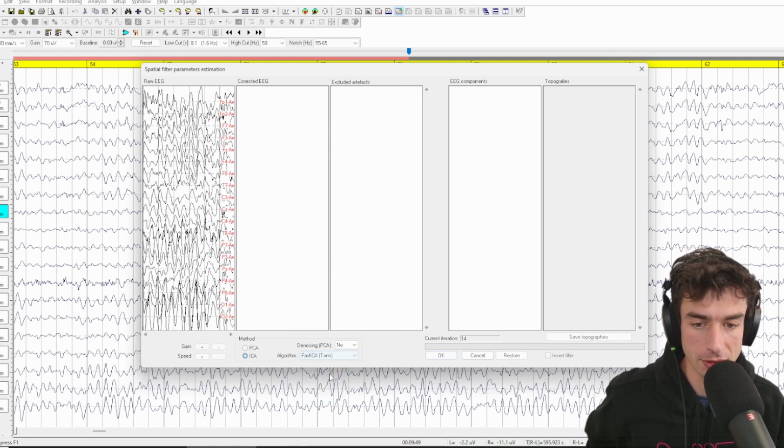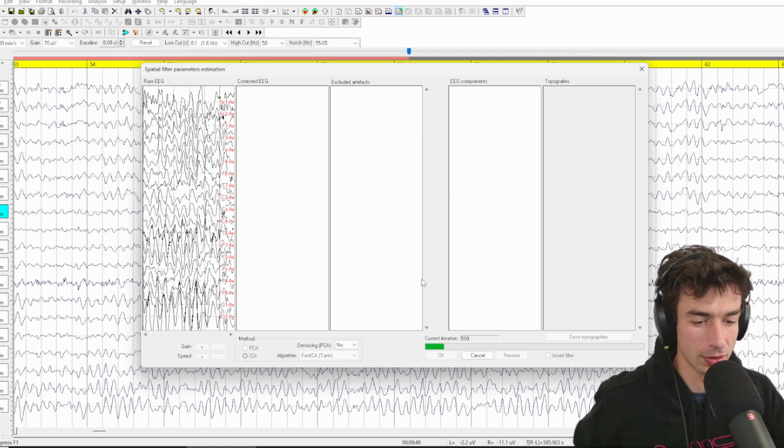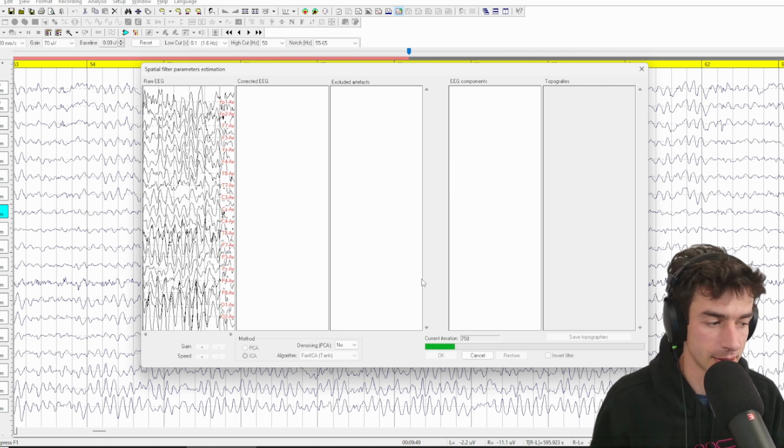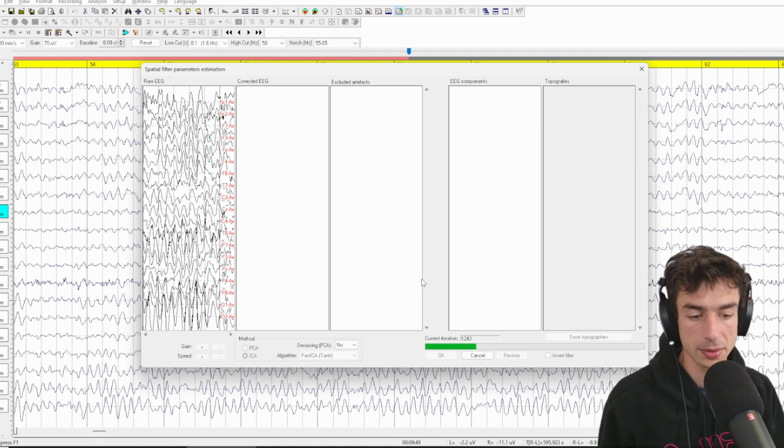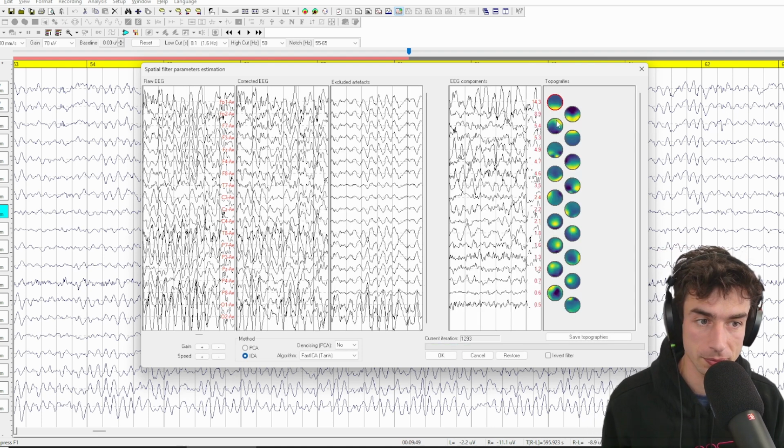So I'm going to switch over to the TON algorithm, which is a little bit more fine-grained in terms of what it picks out, and sometimes takes a little longer.